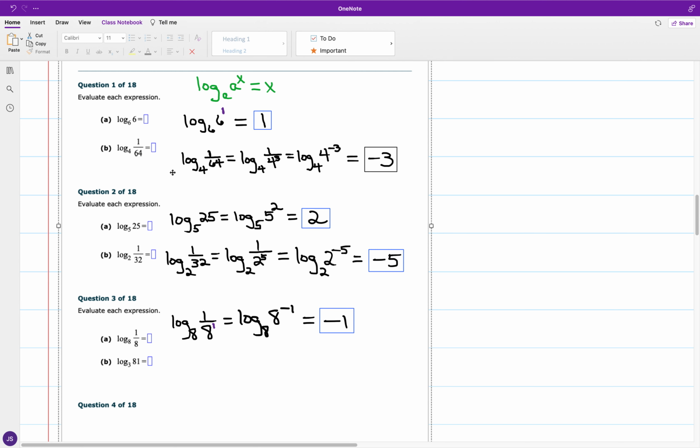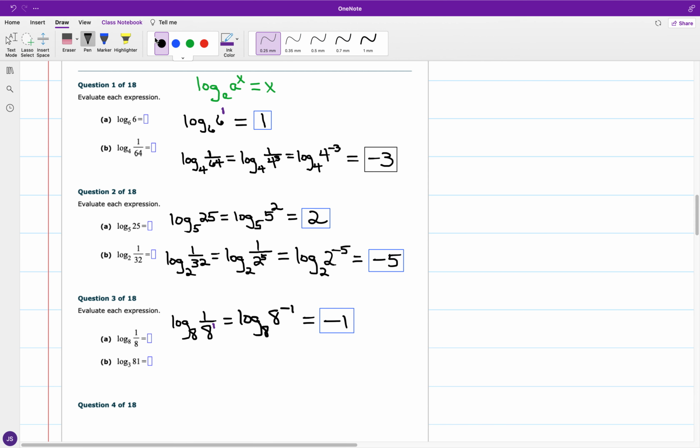For part B, we have a whole number, 81, and the logarithmic base is 3. In relating 81 to 3, 81 is both a multiple of 3 and an integer power of 3.